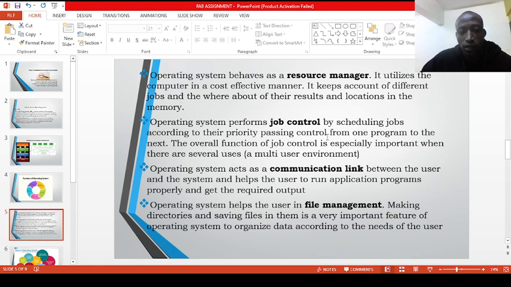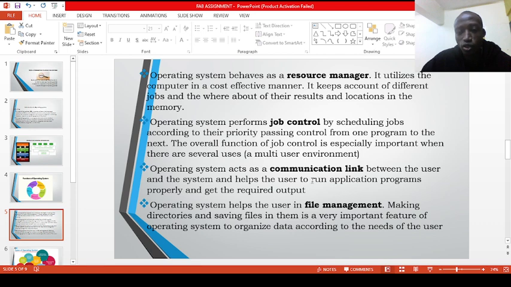The second function is the job control, or what they normally call process scheduling, and it is the work of the operating system to organize and control what gets into the processor and under which priority. The operating system also acts as a communication link between the user and the system.